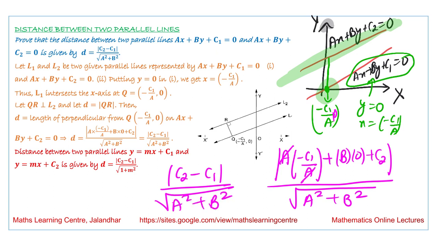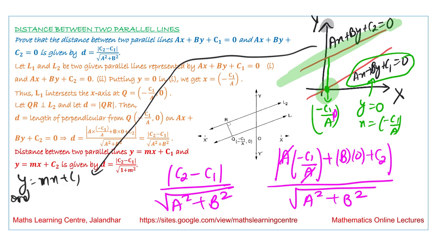So what we obtain is c2 minus c1 divided by square root of a square plus b square. Now if the lines given to us are parallel, suppose their equations are y is equal to mx plus c1 and y is equal to mx plus c2. Their slopes are the same because both these lines are parallel.